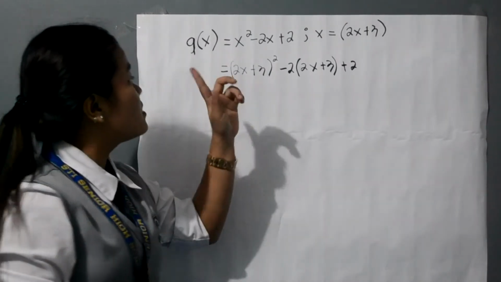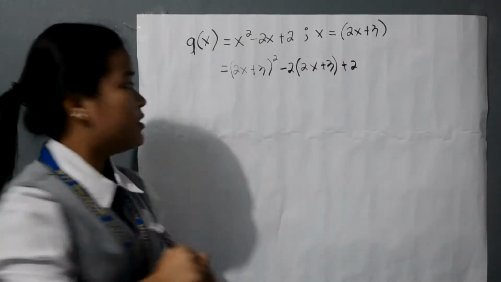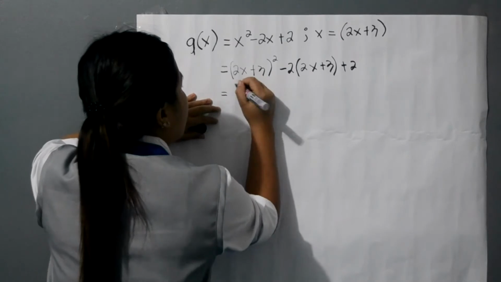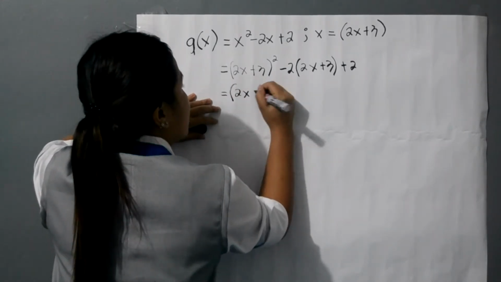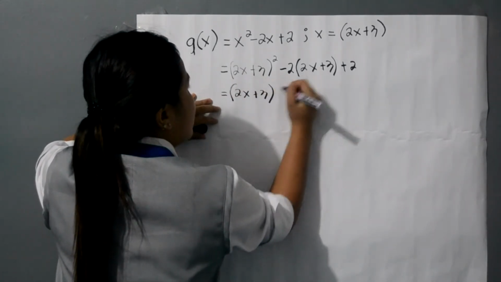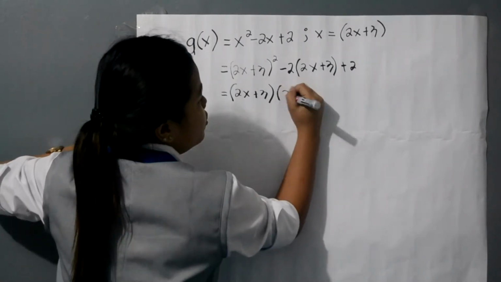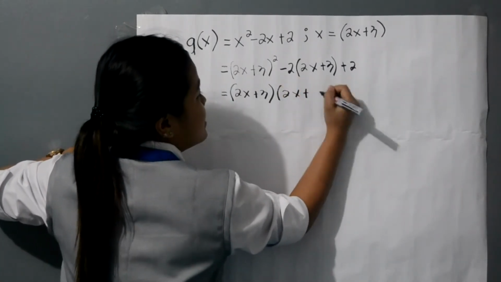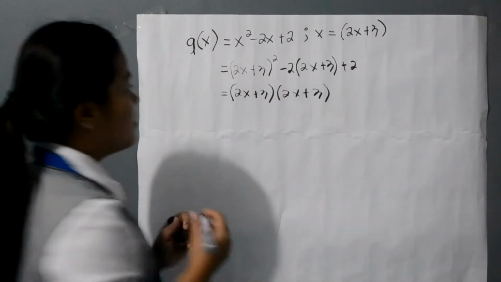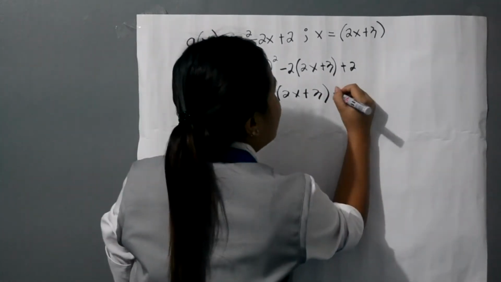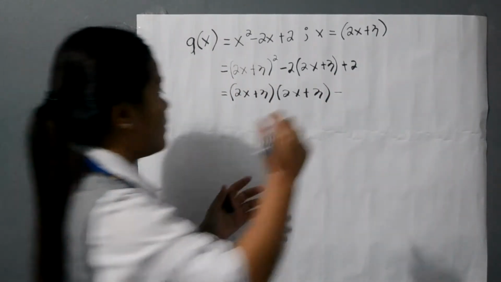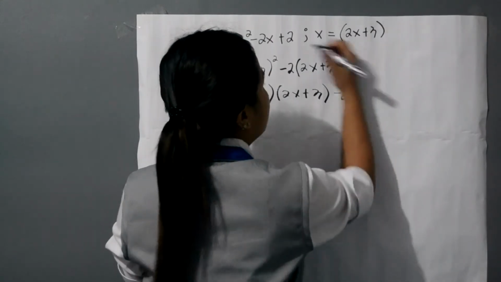So, 2x plus 3 squared, we have 2x plus 3 times 2x plus 3, minus 2.